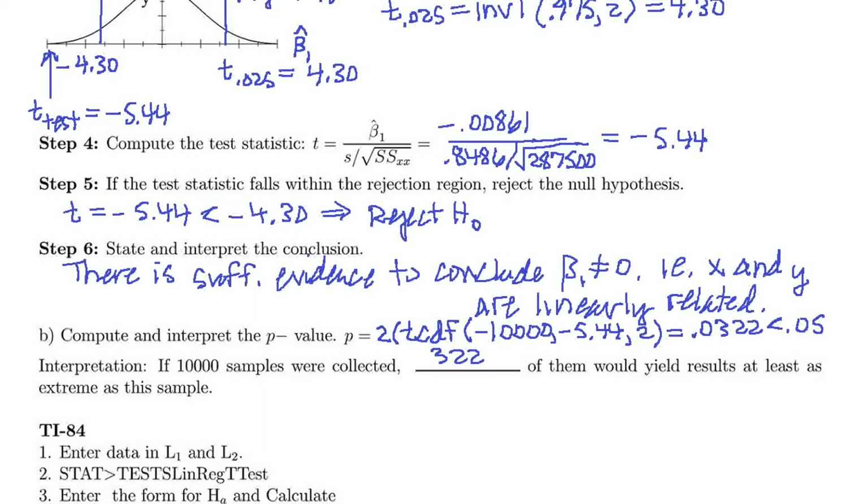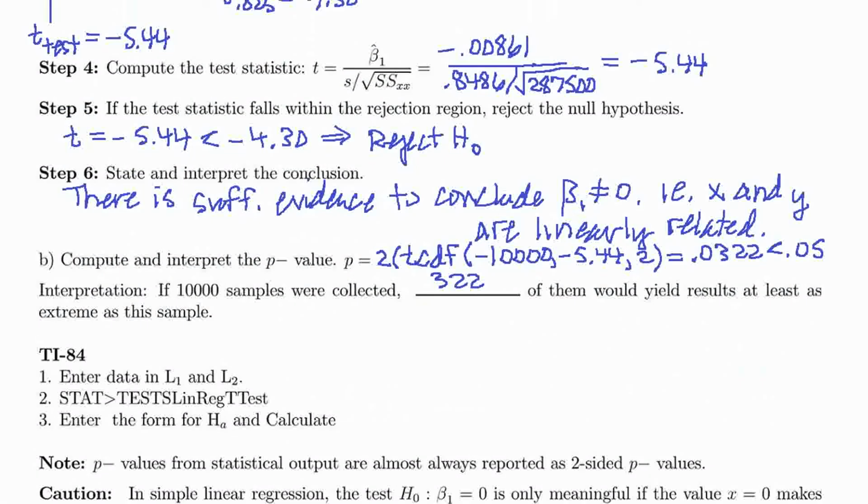And then we can also carry out this hypothesis test on the TI-84. You put your data in list 1, list 2, and you do stat test lin reg t-test. So there should actually be space in there. Like so.